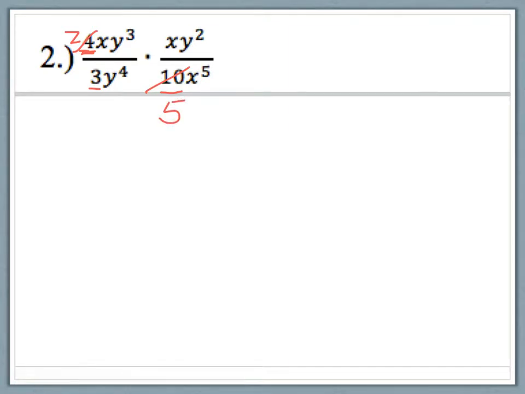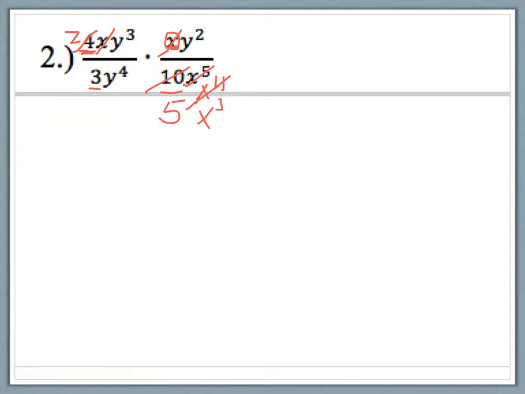Now let's look at our x's. I have 1x up here, so I can take away this x up top for 1x on the bottom. So this is going to become x to the 4th now. If I look at this x over here, I also have another one up top, so I can take away this x for another one on the bottom. So this is actually going to be x to the 3rd.